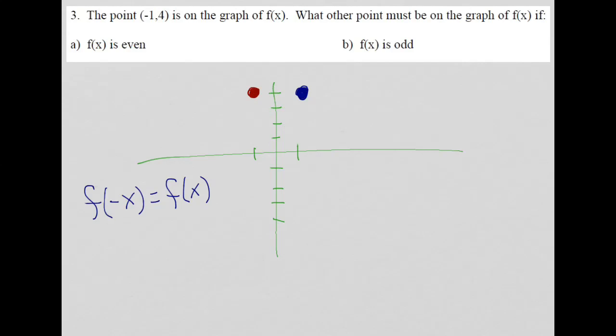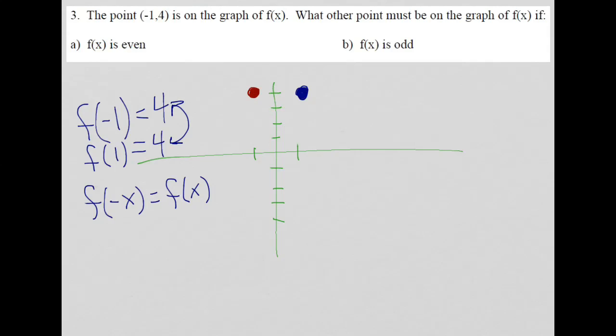So quite literally, even though we don't know the function, we know that f of -1 equals 4 and f of 1 equals 4. That is showing us the evenness.